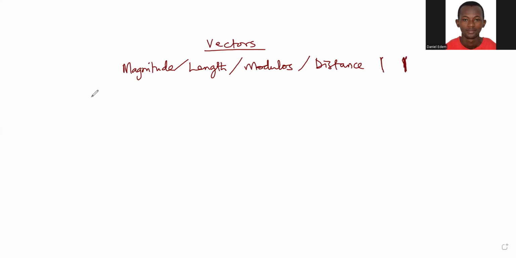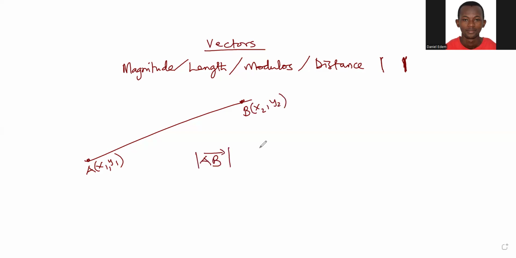All right. So if I have a point, say x1, y1, and another point, x2, y2, then the magnitude will be the square root of x2 minus x1 squared plus y2 minus y1 squared.